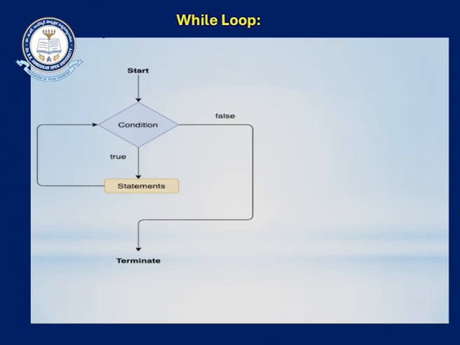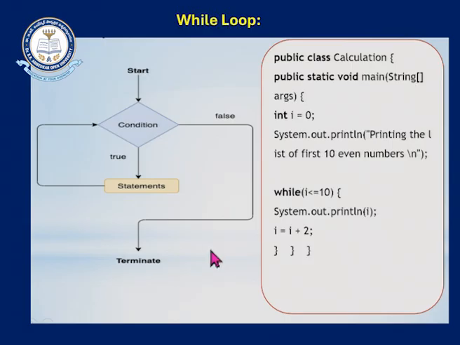The while loop is similar to the for loop, but it has these 3 parts separately. It starts with the condition check. Only when the condition is true does it print the value, then it increments the value, and it checks the condition again. So first the value is initialized, then the condition is checked.